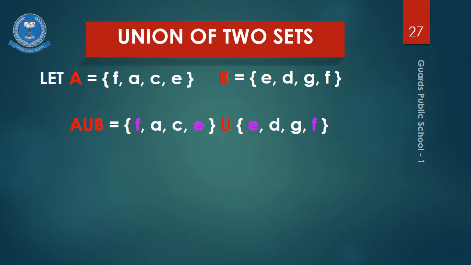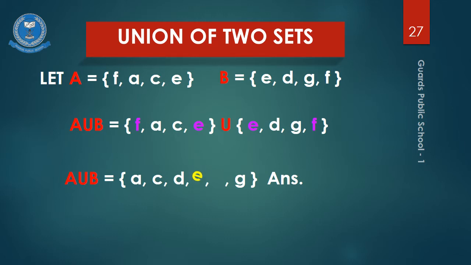In place of A, write down its set F, A, C, E, union with E, D, G, F. The union is to write down all the members without repetition. I have mentioned here A, C, D, E. Pay attention.